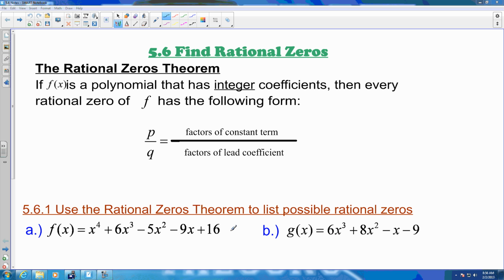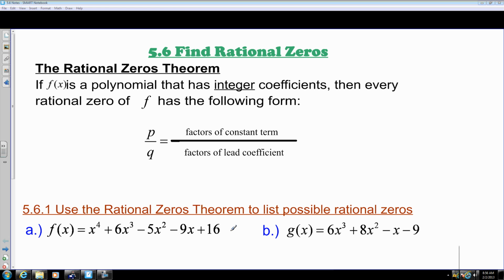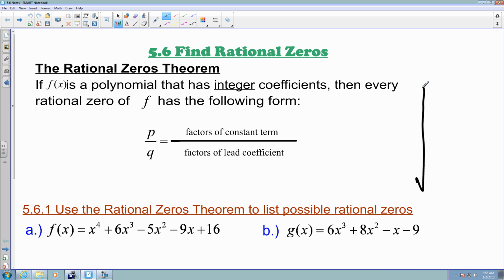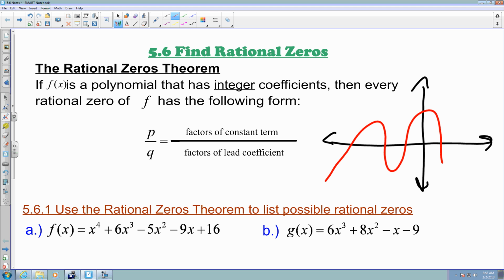Now, if you didn't hear what I was talking about in class, finding the zeros. Imagine this is an XY coordinate plane, and let's make this in red. What I'm going to have in red here is a function.